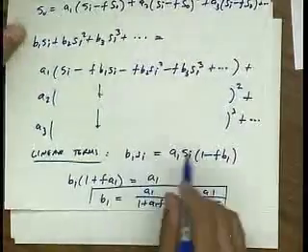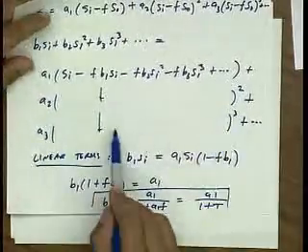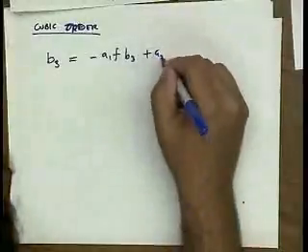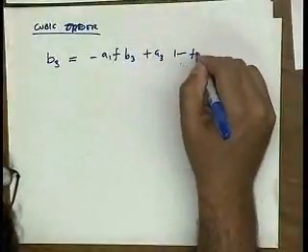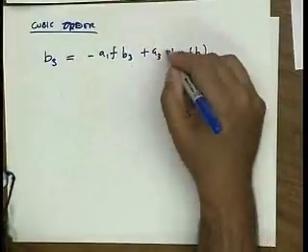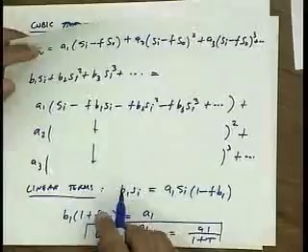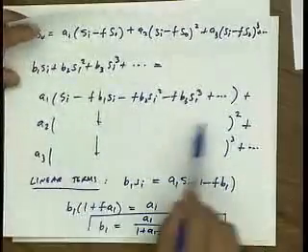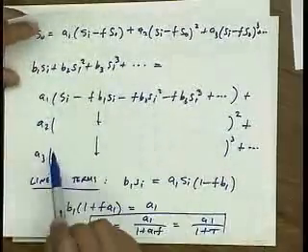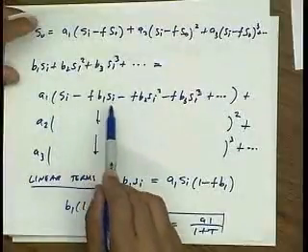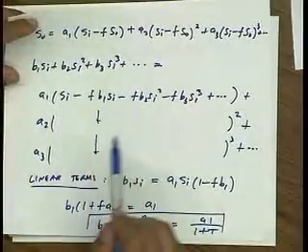Okay, and then I have another easy one. It's just the first term here, so it's this term cubed. So that's A3 times 1 minus FB1 cubed. And then I have one more term, which is when I square this thing, it's this term times this term. So I get twice 1 minus FB1 minus FB1.